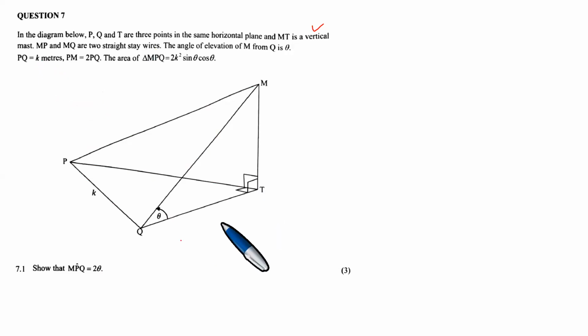PQ is K meters. PM is equal to twice PQ. This is extremely important for us, because PQ is K and PM is twice PQ, which means PM is equal to 2K.